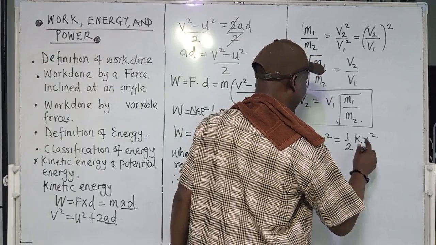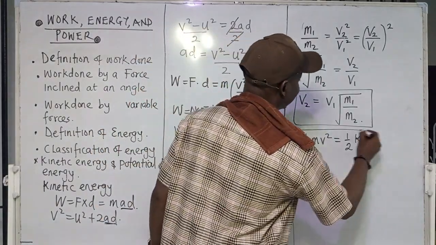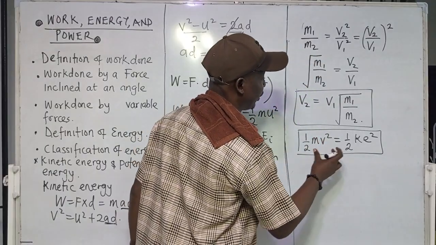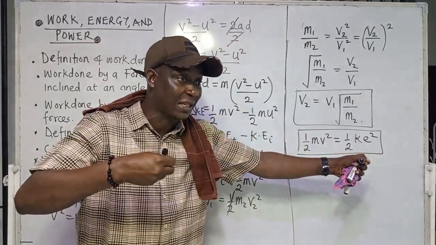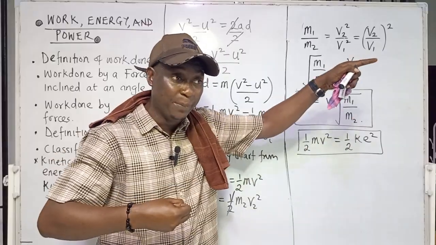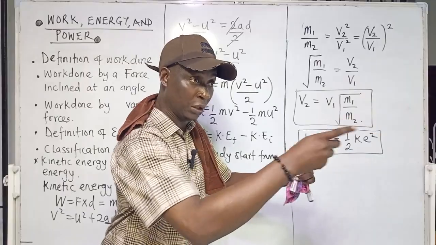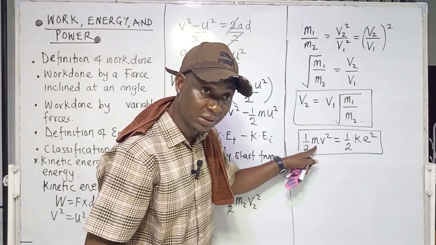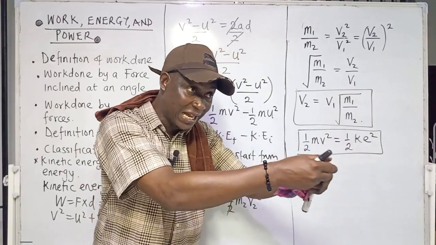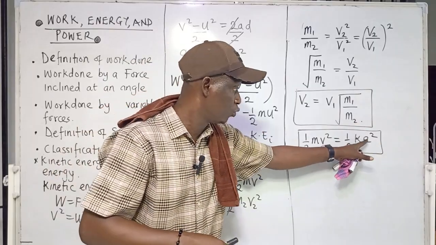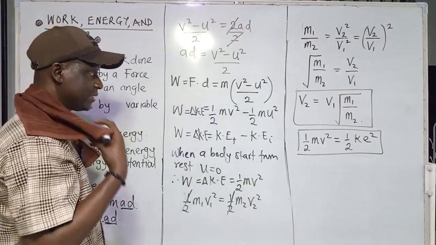We can call it half Ke squared. When you fire a catapult, you stretch the string, then you put a stone inside, and the stone is set in motion. The energy of the stone in motion is kinetic energy. The energy put in to extend the string is elastic potential energy. So that is the relationship.